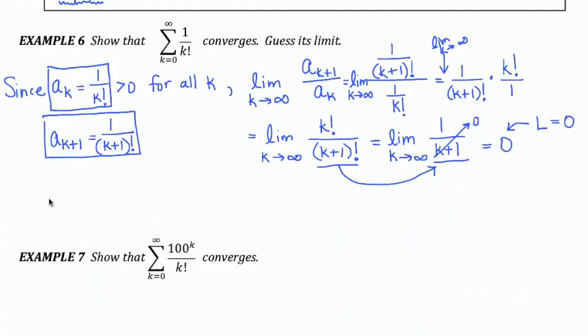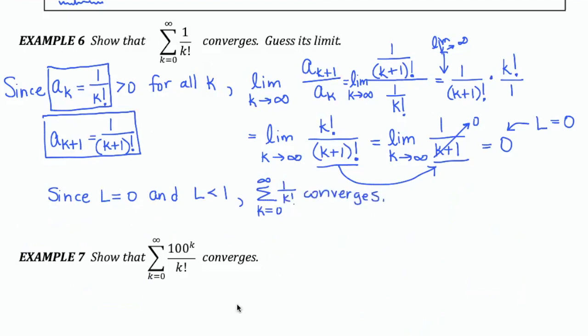So I would say since L equals 0 in this case, and L is therefore less than 1, the series k equals 0 to infinity of 1 over k factorial converges. Now, it says guess its limit.